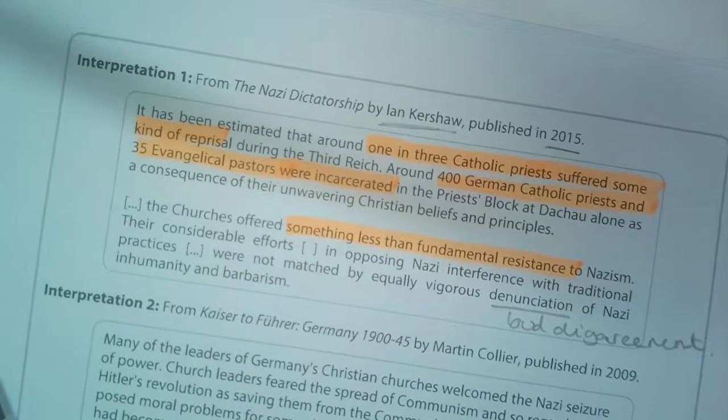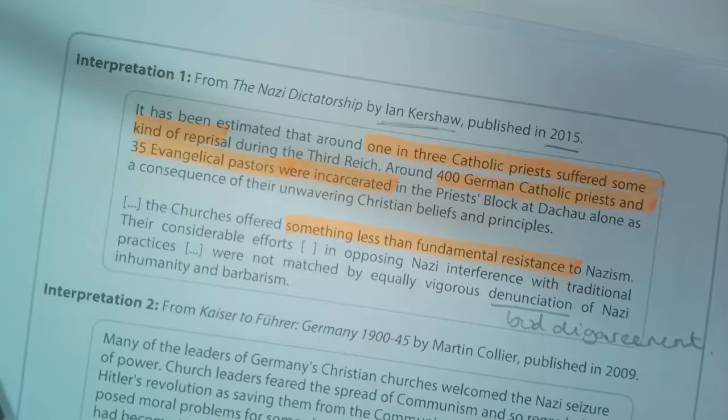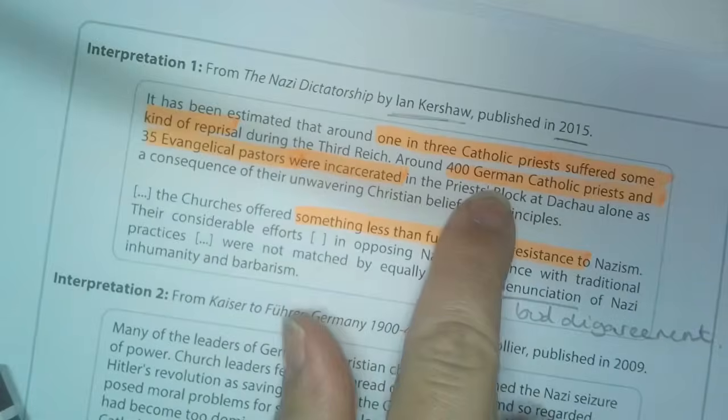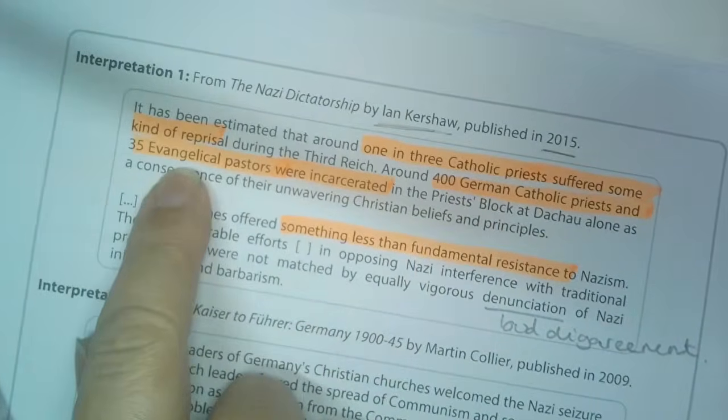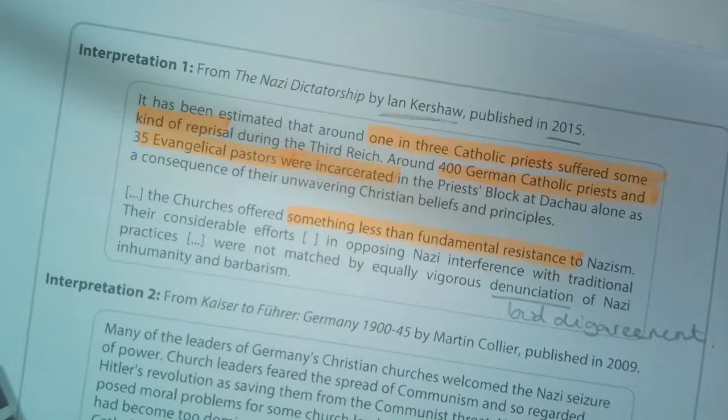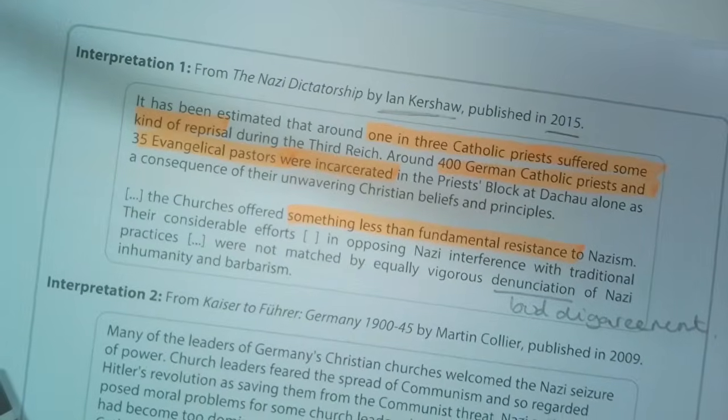So, thinking about that, what's his point of view? His point of view is that actually 400 Catholic priests and 35 evangelical pastors doesn't seem very many, does it? If you think about it in terms of the number of people who were in Dachau, which was a huge number of people.